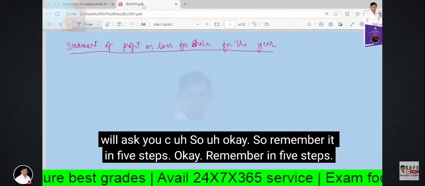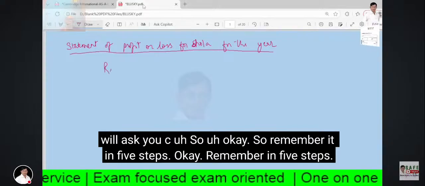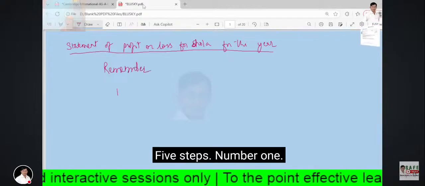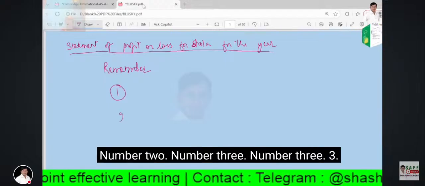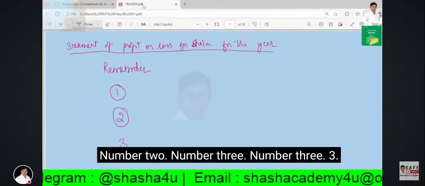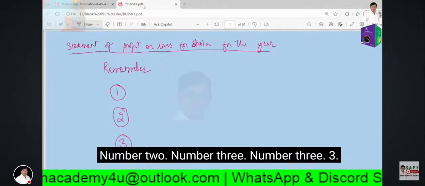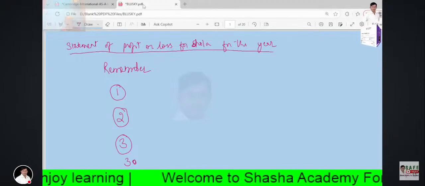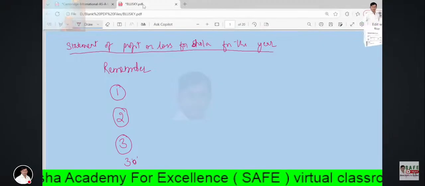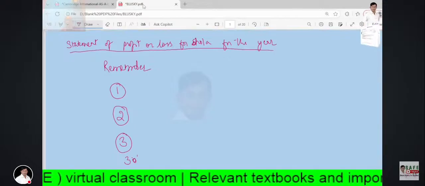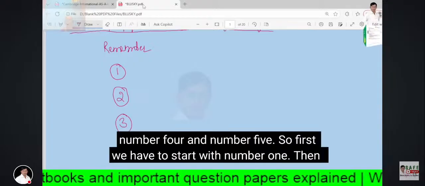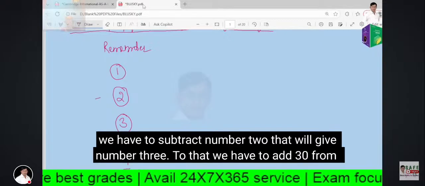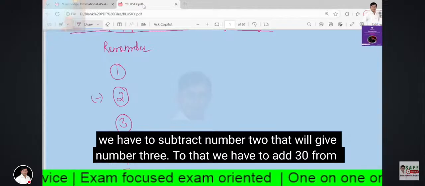Remember it in five steps. First we start with number 1, then subtract number 2, that will give number 3.